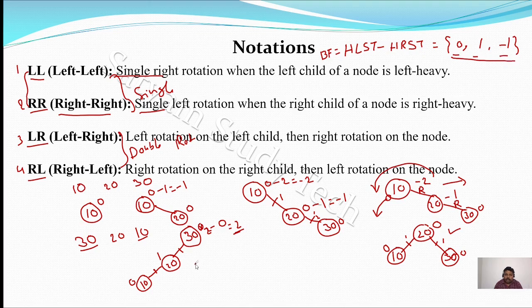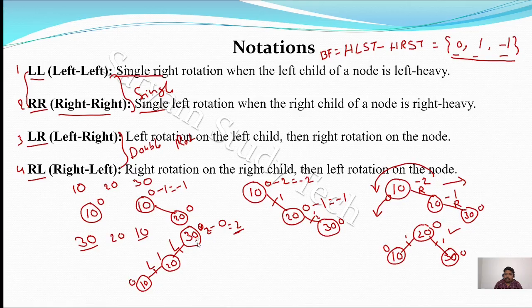So how do we perform the operation? What type of rotation do we have to perform? You can see 20 is the left of 30, and 10 is the left of 20. So it is LL, and because of LL there is a problem.